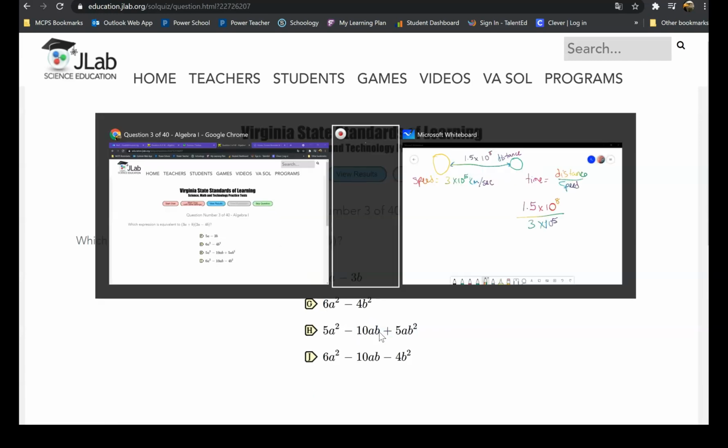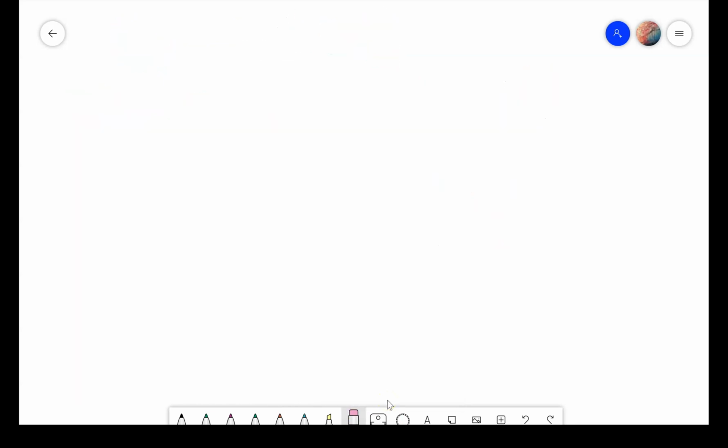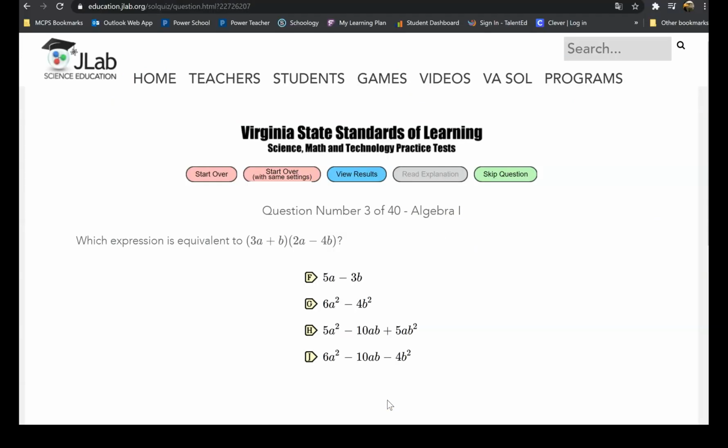Alright, now we get to do my favorite method. We're going to erase. Clear canvas. Alright, so which expression is equivalent to 3a plus b times 2a minus 4b?